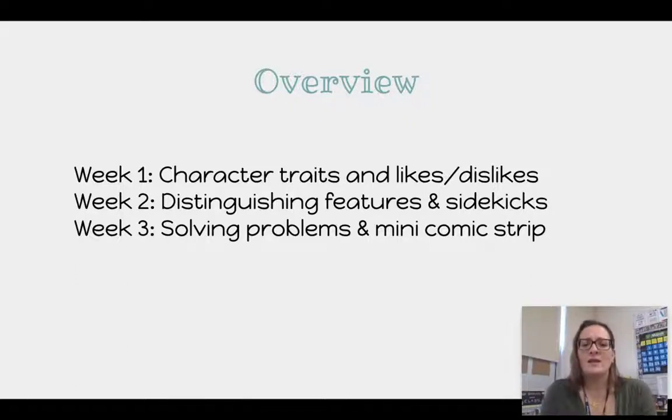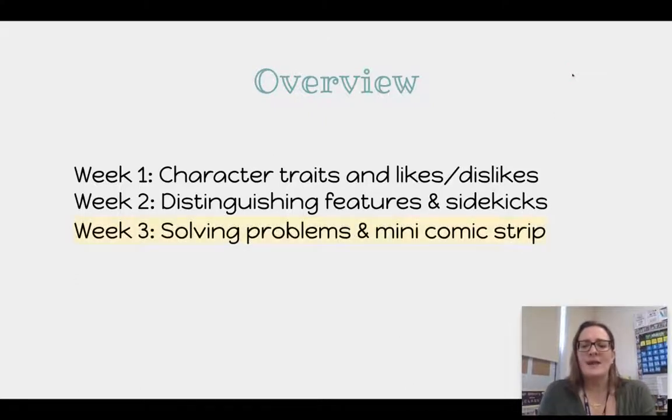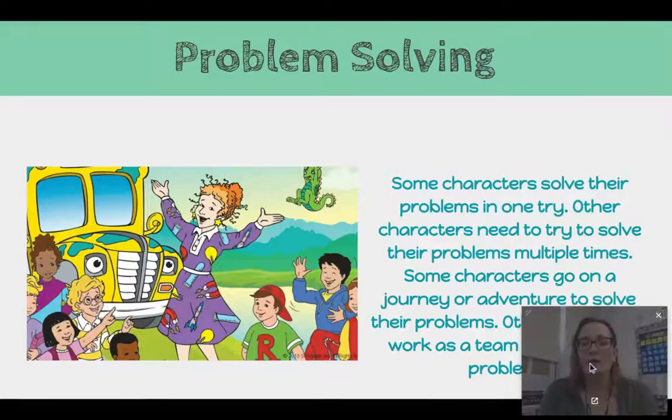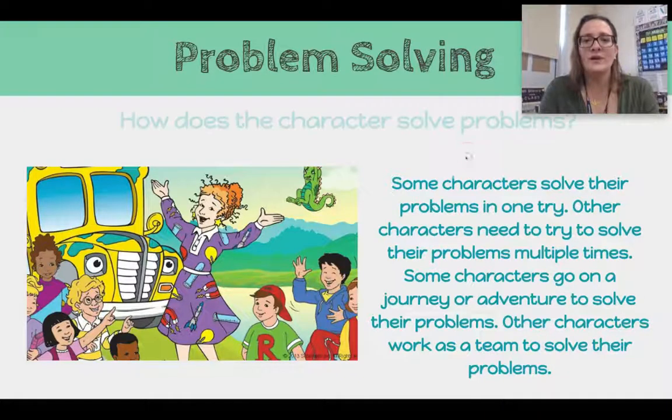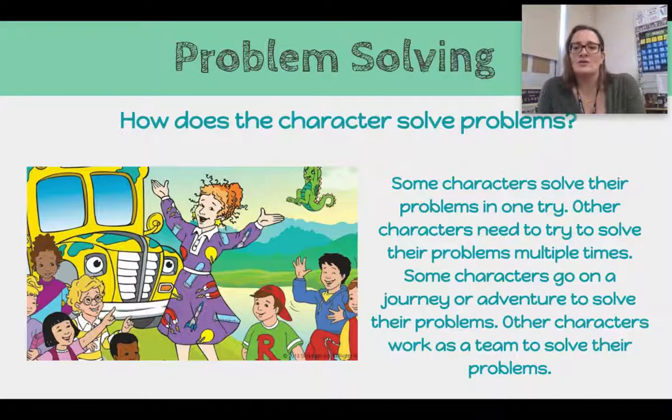And now it is week 3, and we are focusing on how our character is going to solve a problem or problems. And if you would like to, you're going to make a mini comic strip for your character. I know a lot of you like comic strips and graphic novels, so that's going to be super fun for you. All right, so when we look at solving problems, we think about how our characters solve problems.